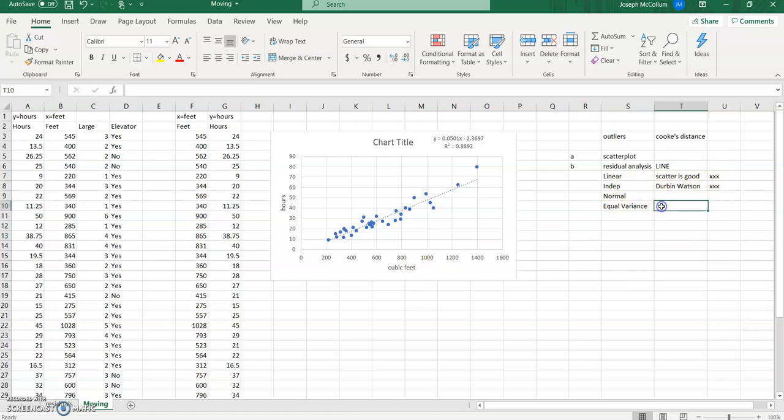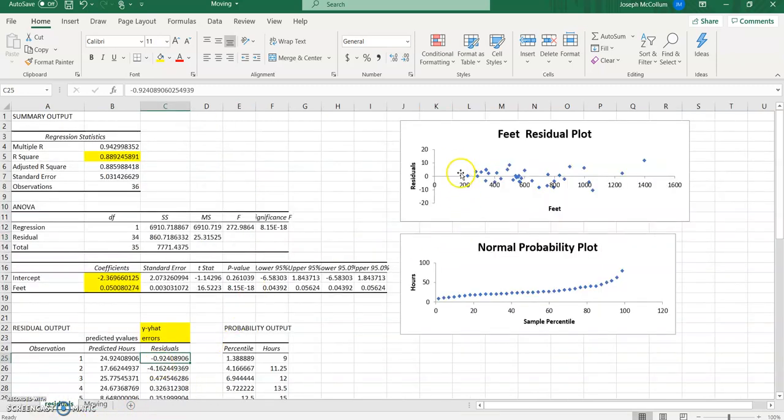All right, equal variance. I'm looking for growth or decay in the residual plot. So let me go to that residual plot. Do I see, as I look left to right, any growth or decay? I don't want to see growth. I don't want to see decay. I want to see them pretty much scattered and stay the same amount of scatter left to right.